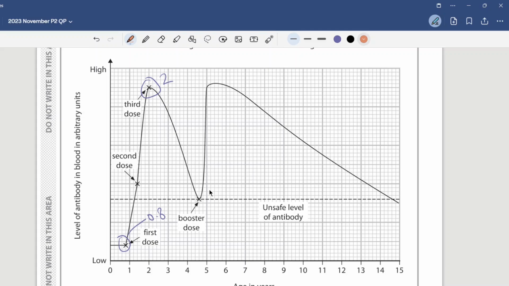And number 2 is that the rate at which it drastically increases is much faster compared to the first 3 doses, right? So you can see it happens within 0.4 years. And the last difference is that you can see that the antibody levels remain pretty high throughout the years, so the rate at which it decreases is lower compared to after the first 3 doses.